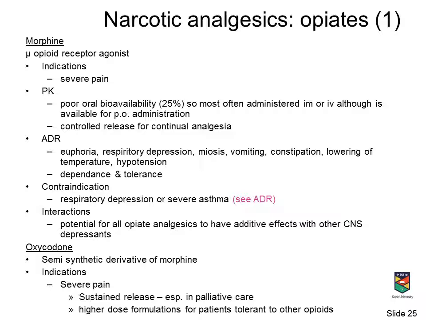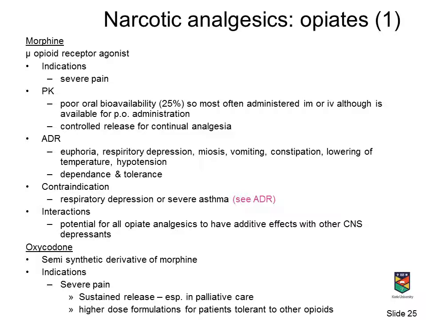Okay, so contraindications, well, opiates are contraindicated in respiratory depression or severe asthma. This should be obvious because opiates have a respiratory depressive effect on their own. And when you think about drug interactions, because these drugs inhibit neuronal function, then you should, for the most part, think about what effects they might have with other CNS drugs that depress CNS activity.